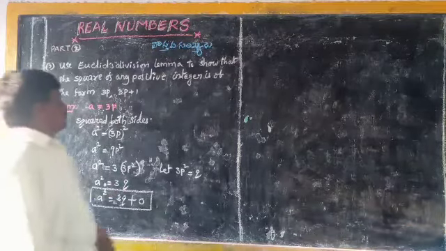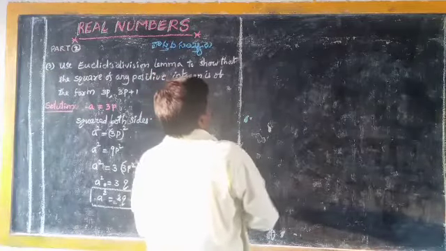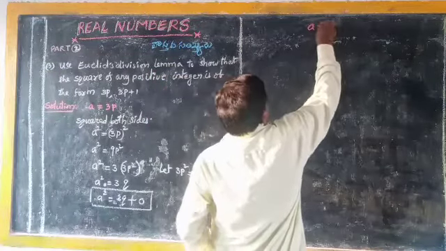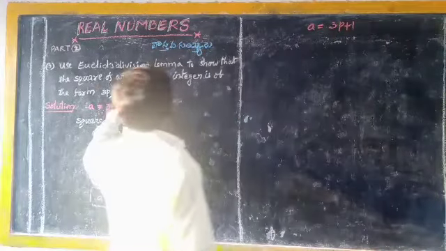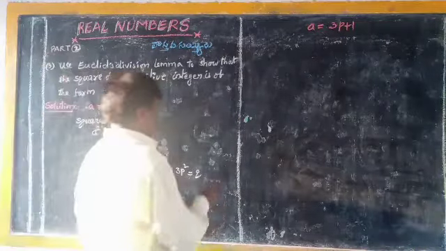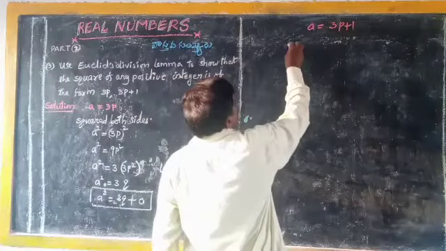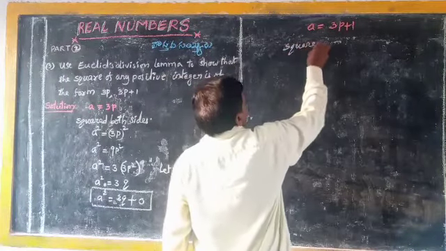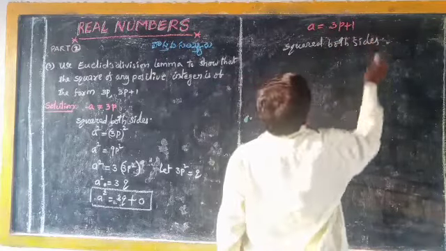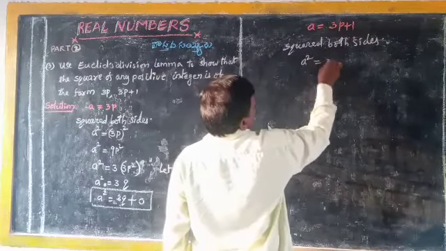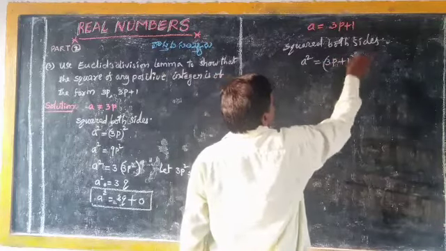As well as, a is equal to 3p plus 1. Square both sides. So a square is equal to 3p plus 1 whole square.